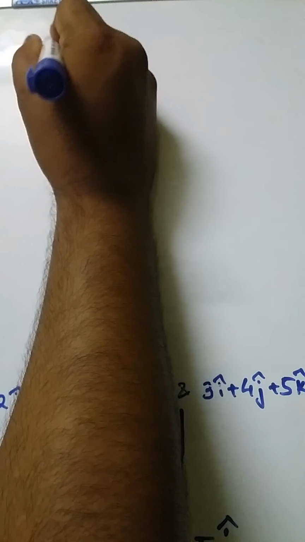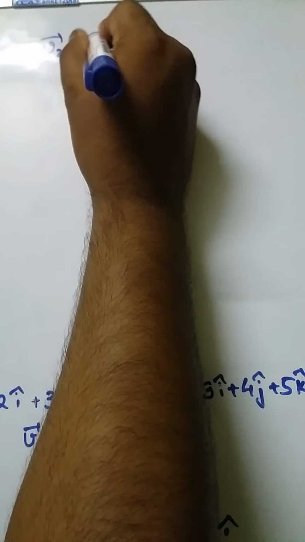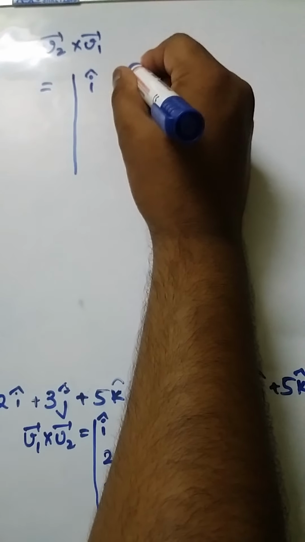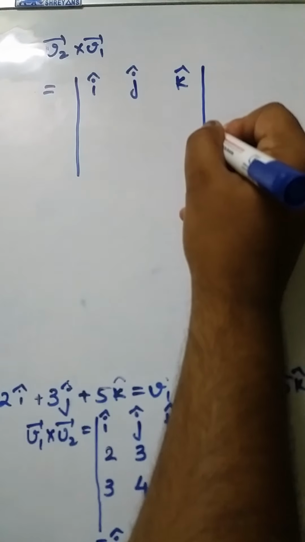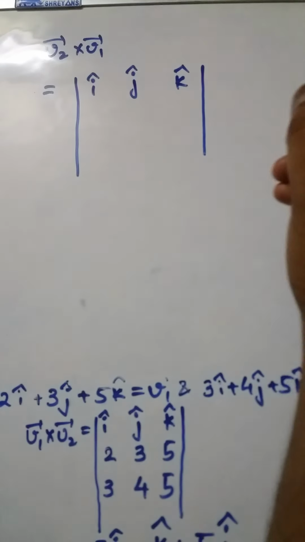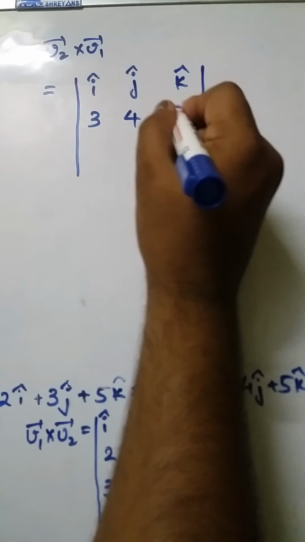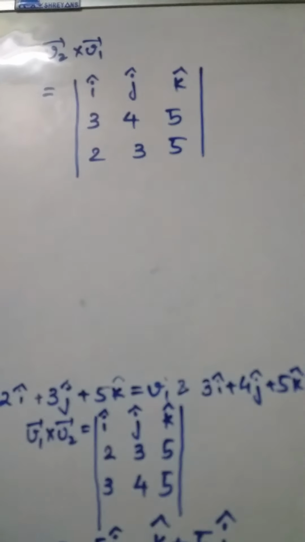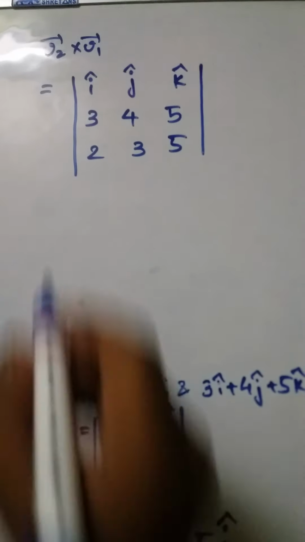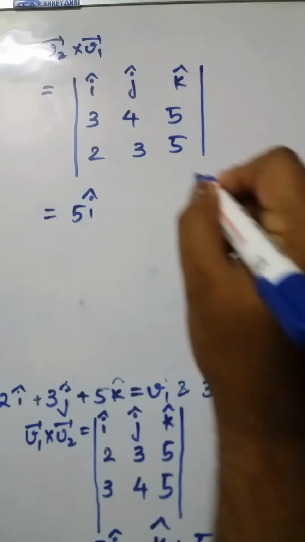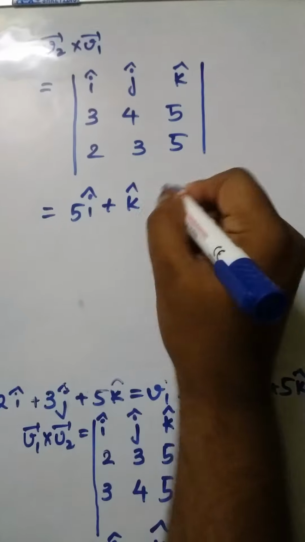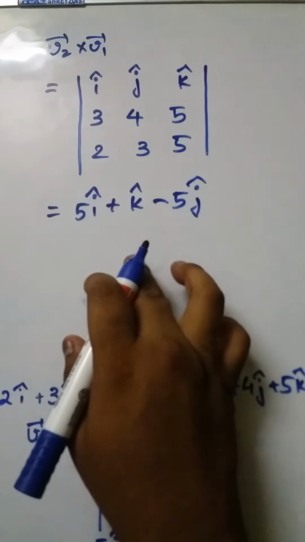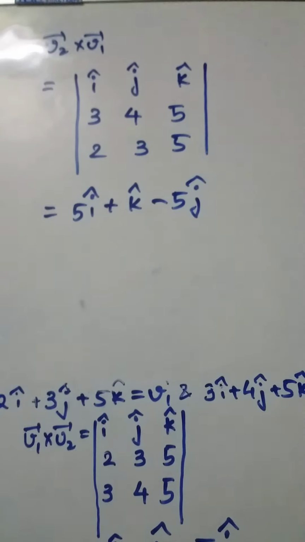V2 cross V1 equals the determinant of i cap, j cap, k cap; 3, 4, 5; 2, 3, 5. Now this comes as 5 i cap plus k cap minus 5 j cap. As you can see, this is just the negative of the answer that we got before.